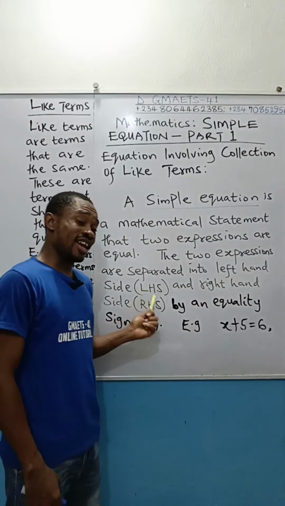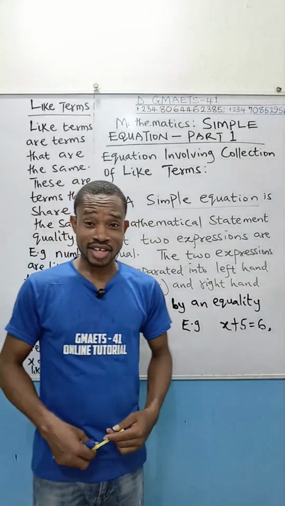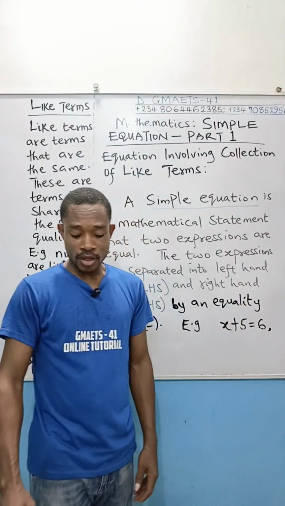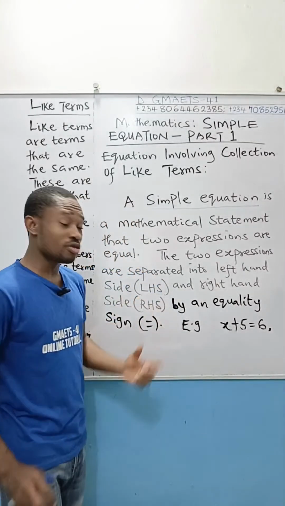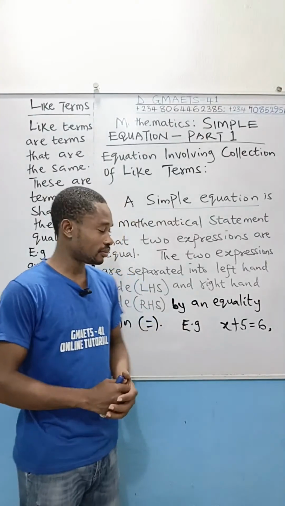So if you see LHS in mathematics, you know it is left-hand side. If you see RHS, you know it is right-hand side.